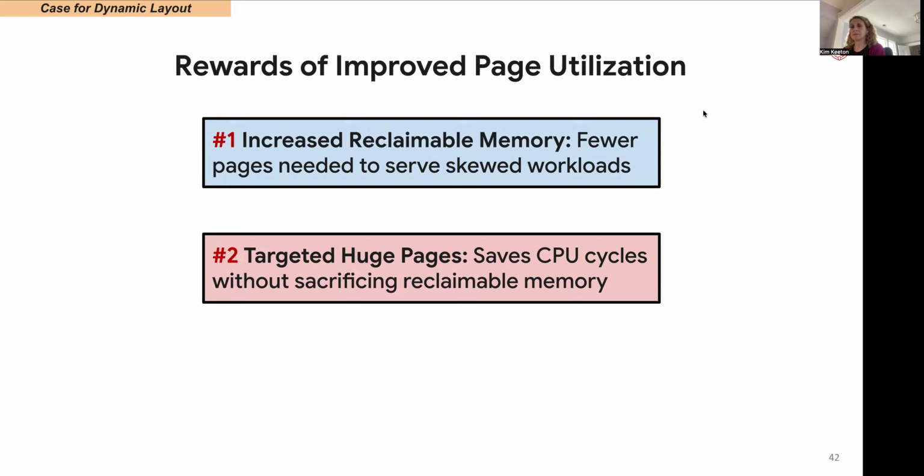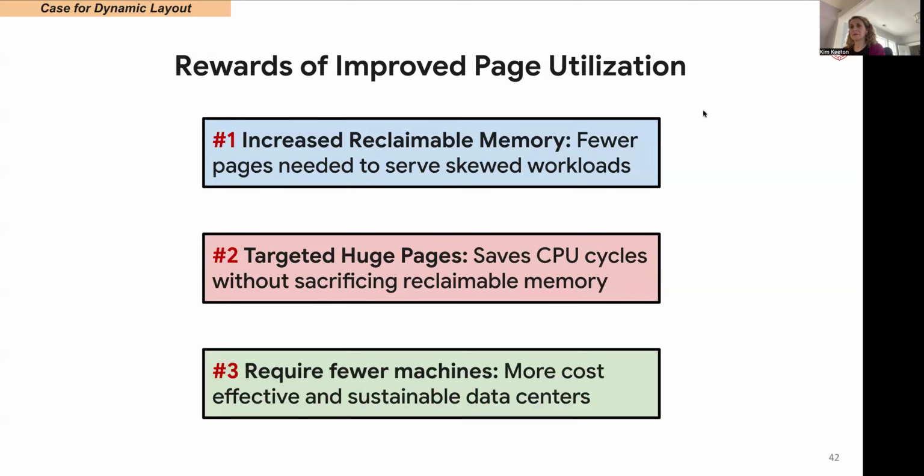But we are arguing that that's not really needed, because if you know which pages are really hot, you can selectively make just those huge pages. And this is an extended claim: if we segregate objects better, we can then reclaim more aggressively, because we build confidence in these reclamation systems, and require fewer machines.